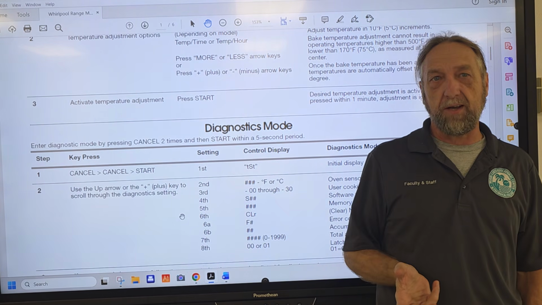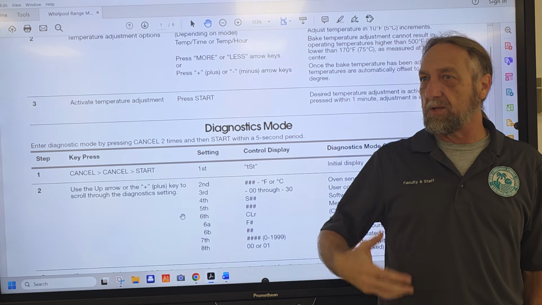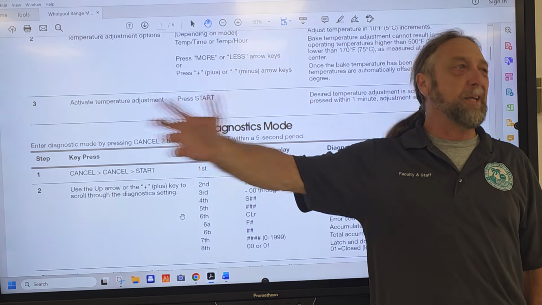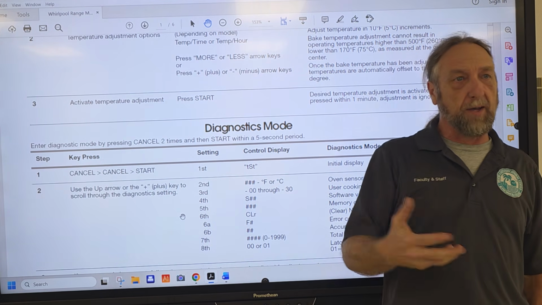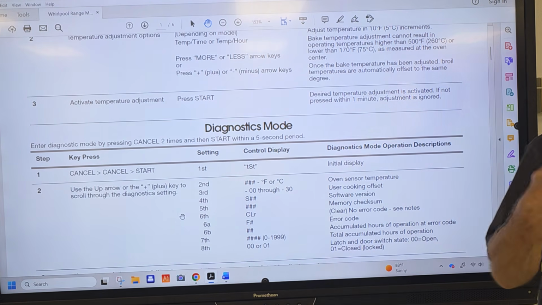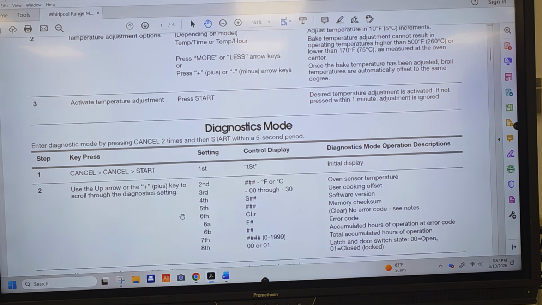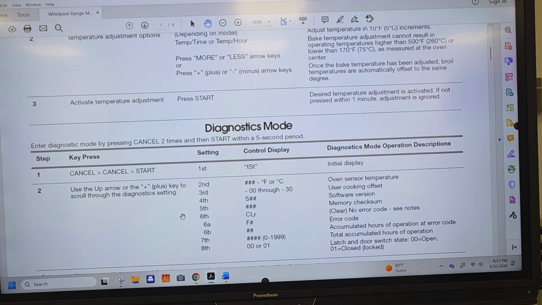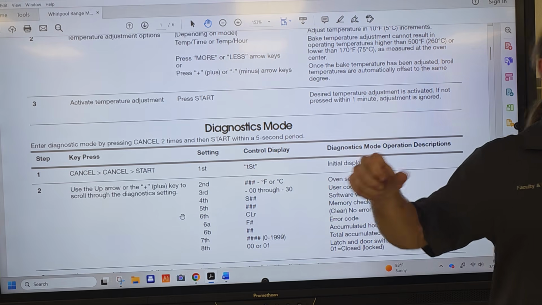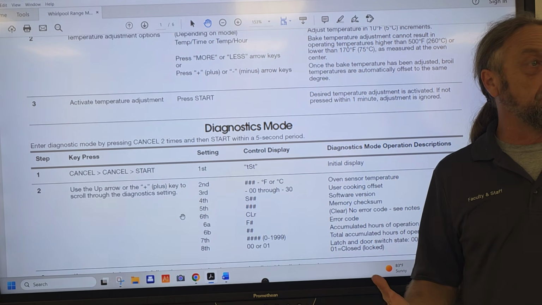On 99% of machines with computer controls, there's some sort of diagnostics built in, but that is for the technician to use to troubleshoot. The customer doesn't need to go in there, so they make it difficult enough for a customer not to do it accidentally. What's the odds of someone pressing cancel twice and start within 5 seconds?